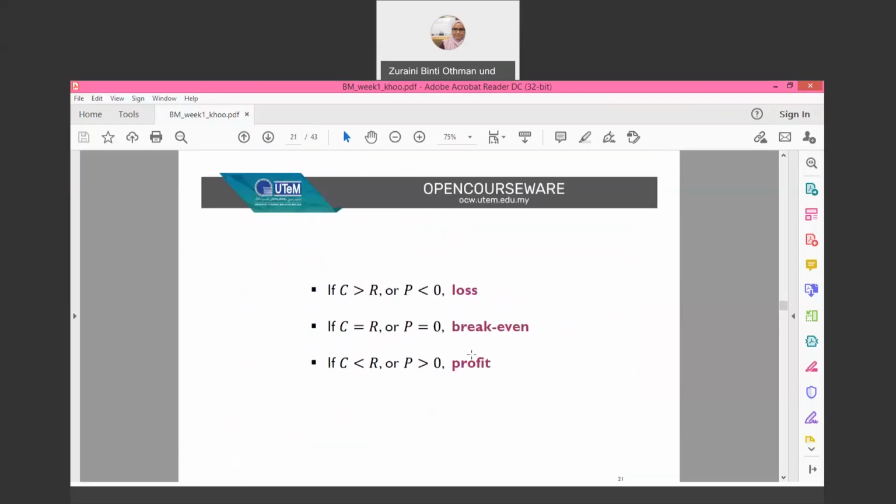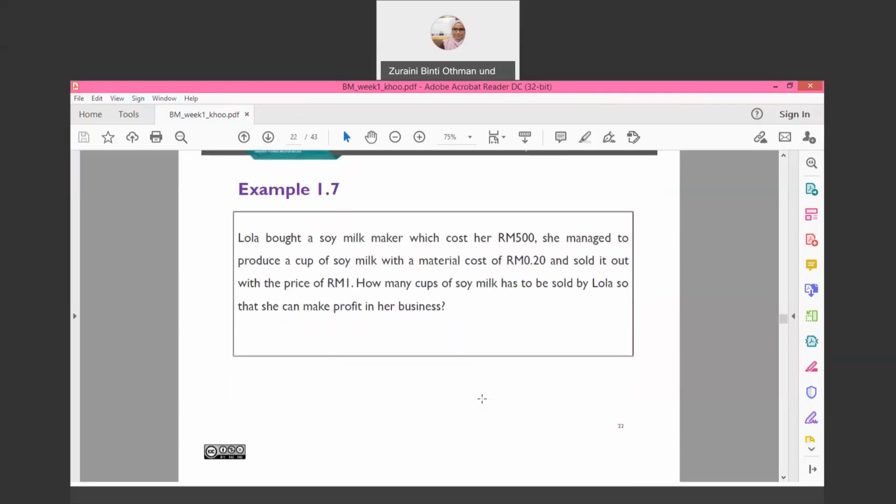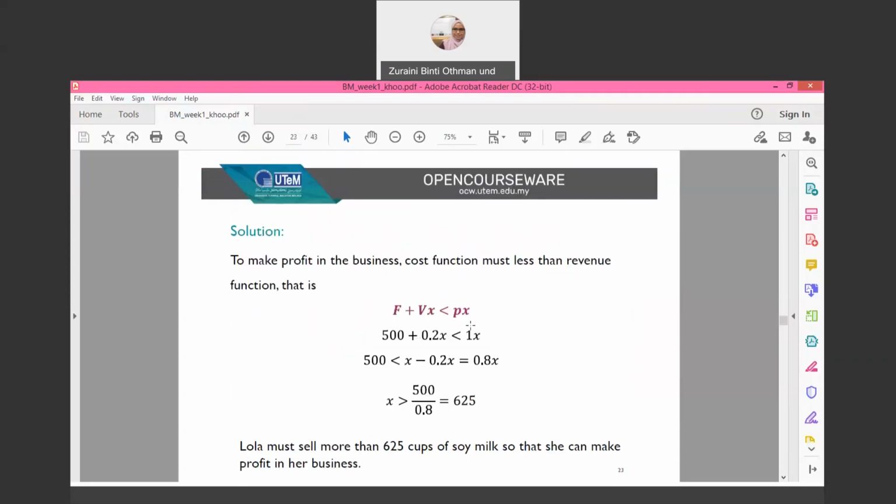Okay, so now here, then we will use this type of equation. Then it becomes 500 plus 0.2x less than 1x.